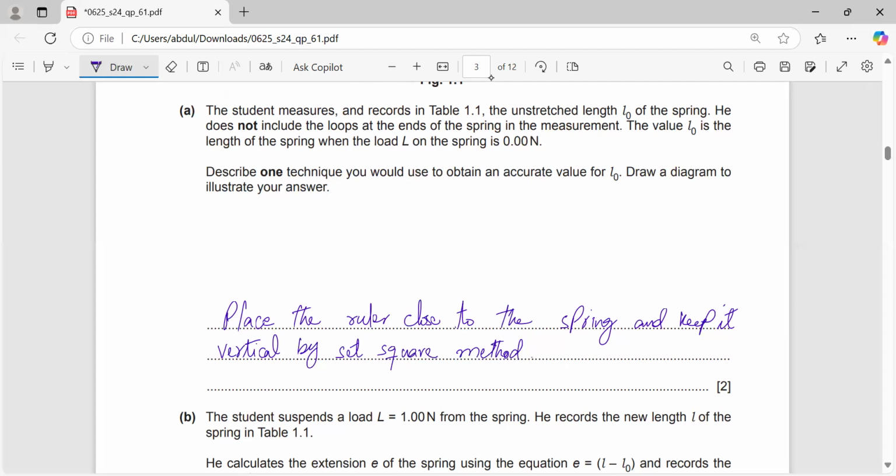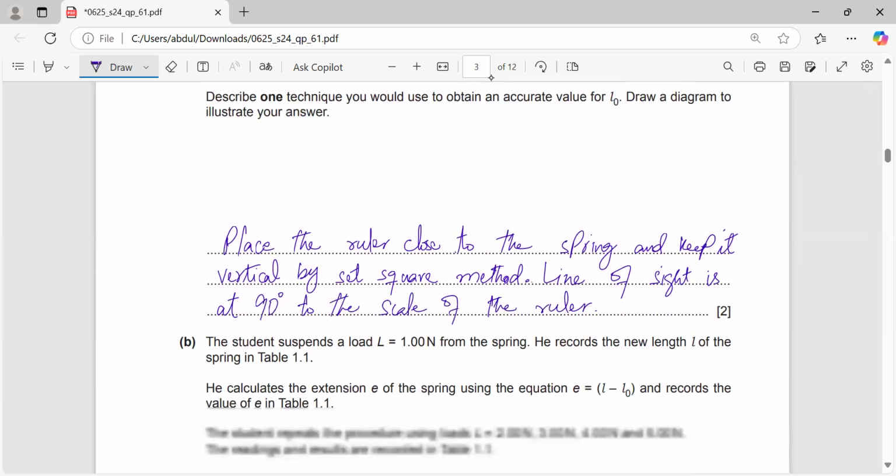That's what I told you, what the set square method is. And then also write that the line of sight is perpendicular to the scale of the ruler, because 2 marks are there. So inshallah this will give you completely 2 marks. If there is any confusion, feel free, you can ask me.